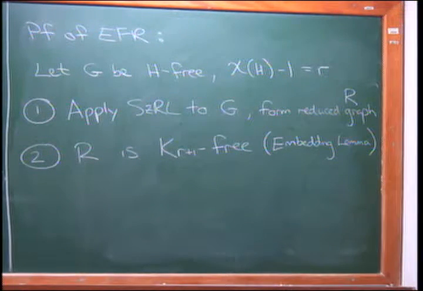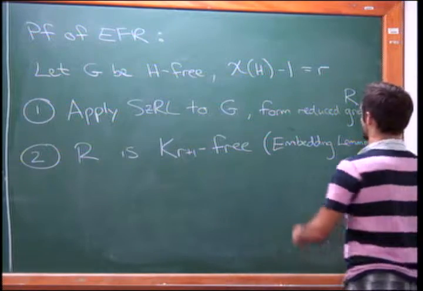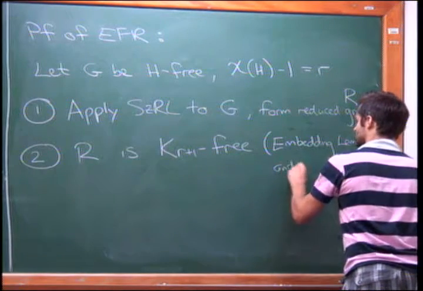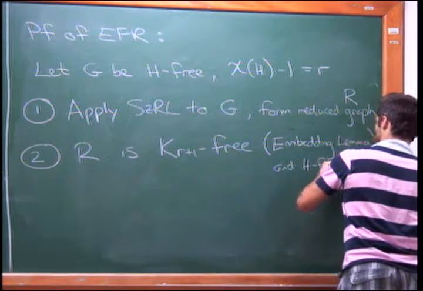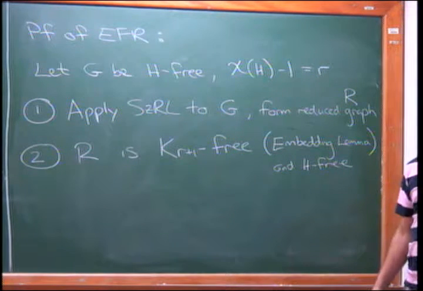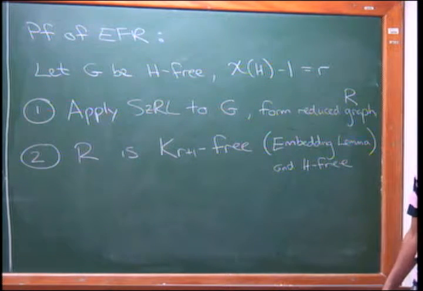So if there's a copy of K_{r+1} in our reduced graph, by the embedding lemma, there's a copy of H in G.